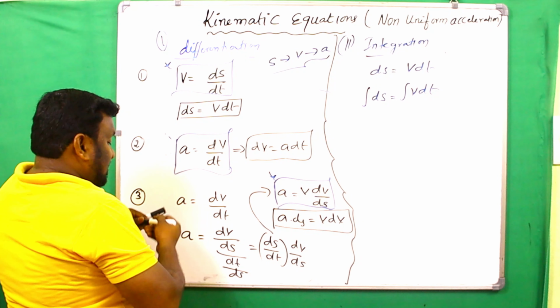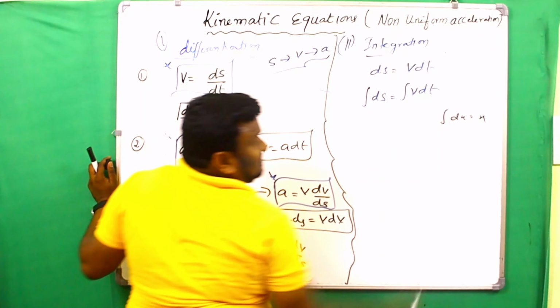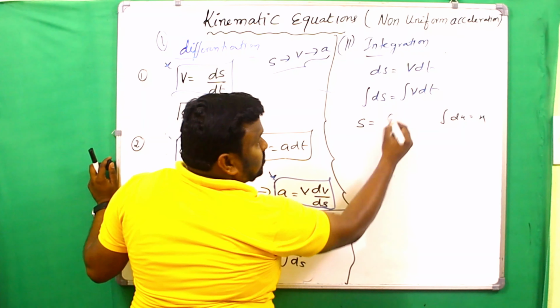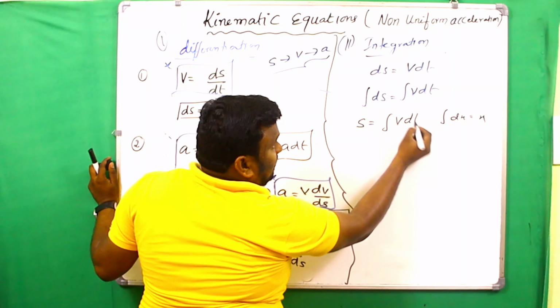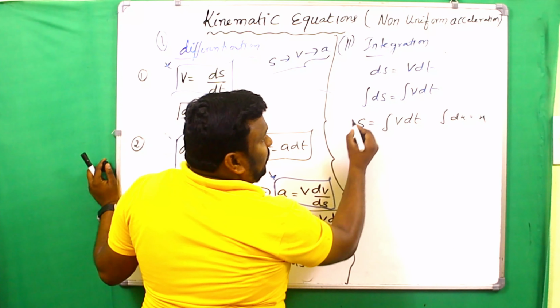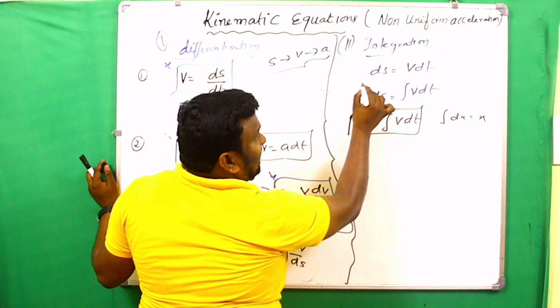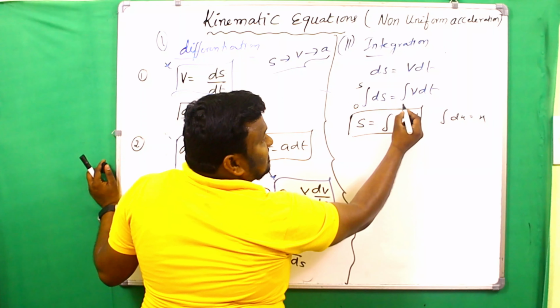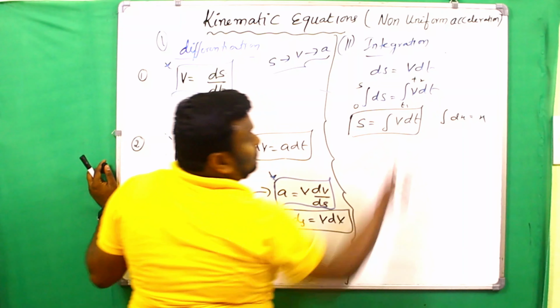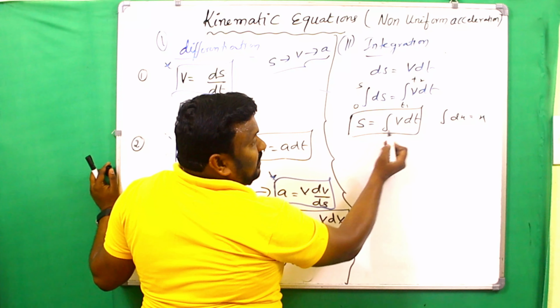Then integration of ds is s. Like that, s = ∫v dt. Obviously the limits we are taking, for example 0 to s, and here it is t1 to t2. Then obviously we get s = ∫v dt.